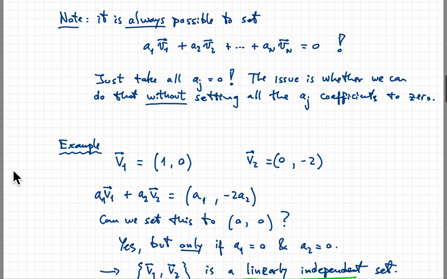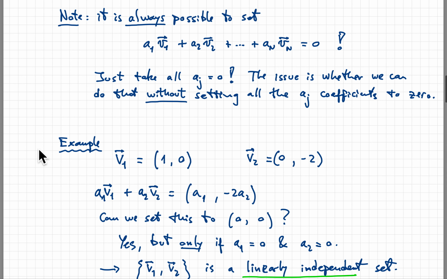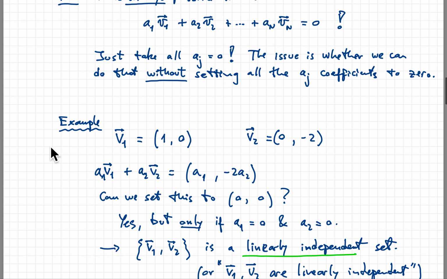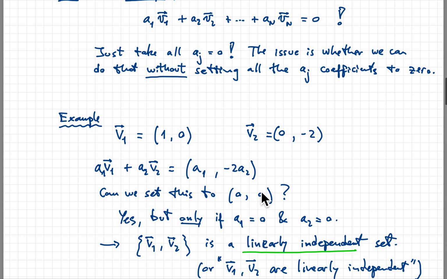So suppose you just have two vectors, so n is equal to 2, and the two vectors are v1 and v2 as shown here. So v1 has components 1, 0, v2 has components 0, minus 2, and then we form a linear combination like this. We form this combination a1 v1 plus a2 v2, and so when we calculate that, that gives us a1 times this one, so that goes up here, and then a2 times minus 2, so that goes here, minus 2 a2, and then we ask the question, can we set this equal to 0?